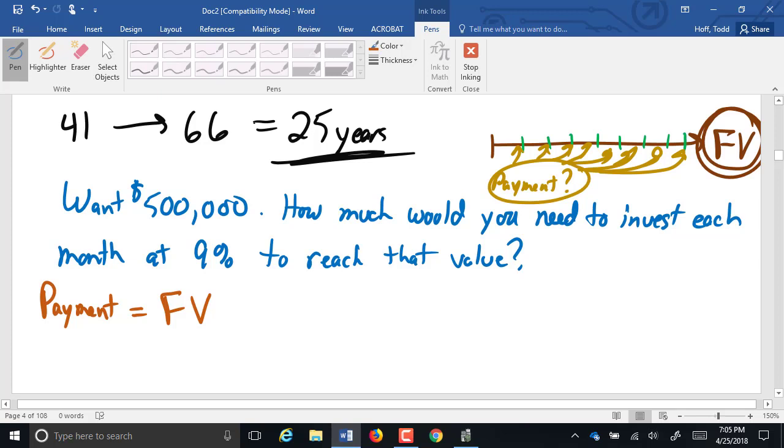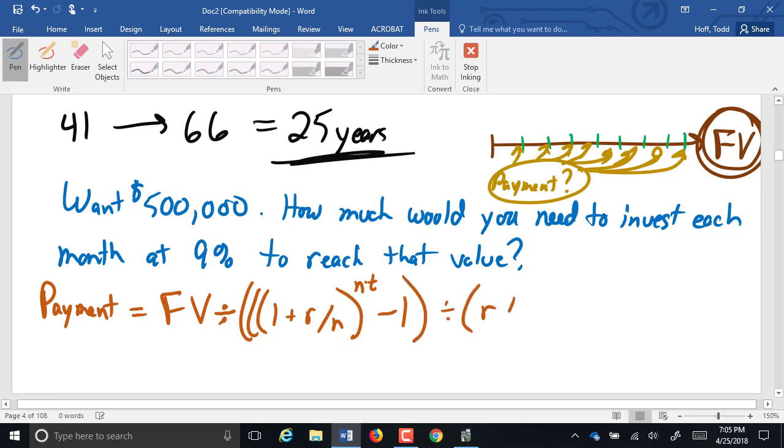The only difference in our formula is coming right now. Before it was payment times, now it is future value divided by 1, 2, 3 open parentheses, 1 plus r over n, close parentheses, power of n times t, minus 1, close parentheses, divided by, open parentheses, r divided by n, close and close.